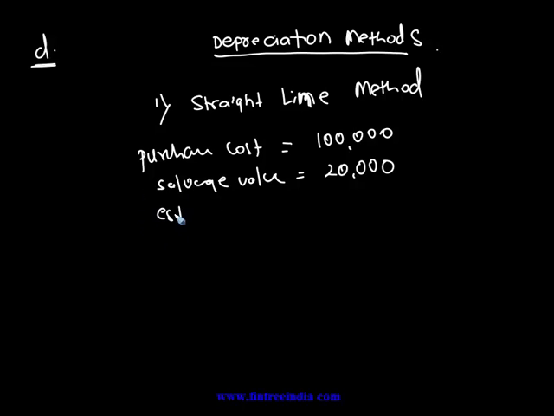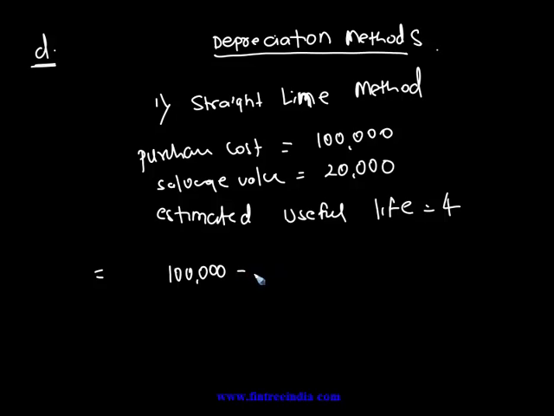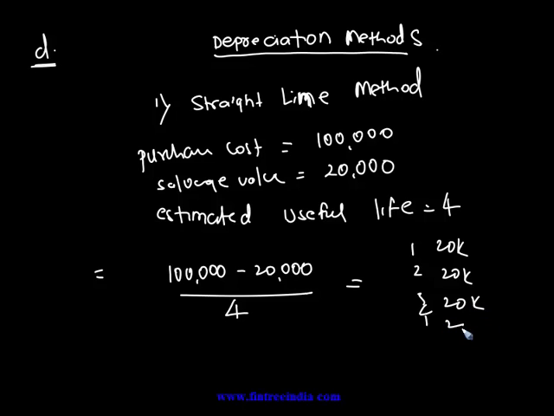And estimated useful life, again an estimated number, accounting estimates, is 4 years. So every year your depreciation would be 100,000 minus 20,000 divided by 4. For each of the 4 years you will charge depreciation of 20,000. Therefore it is called a straight line method.